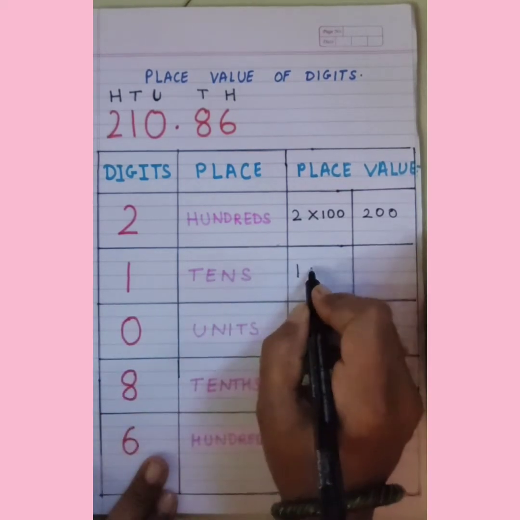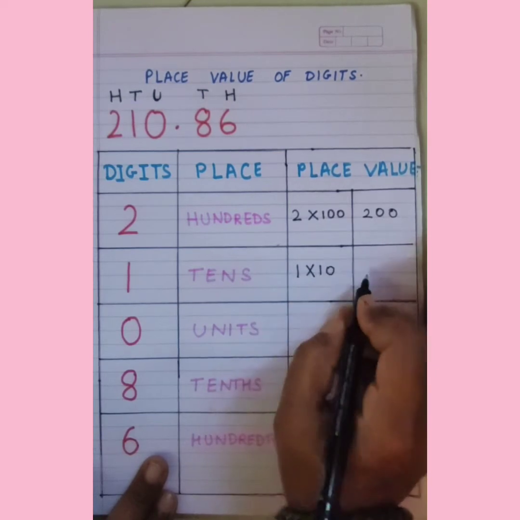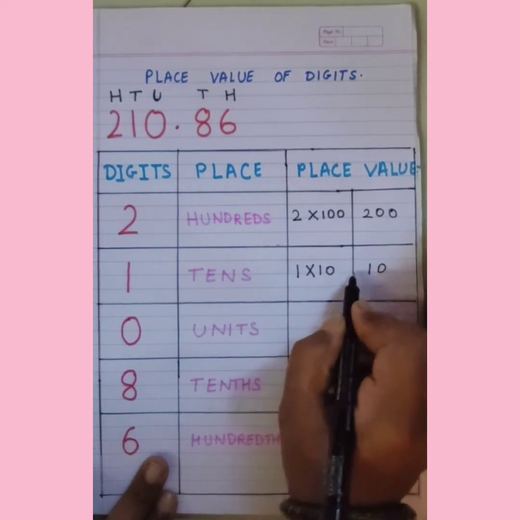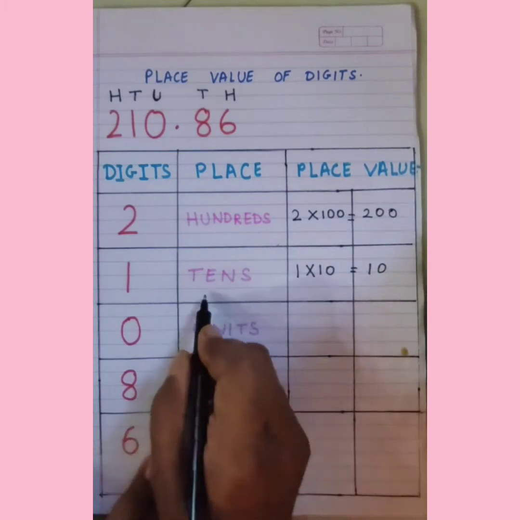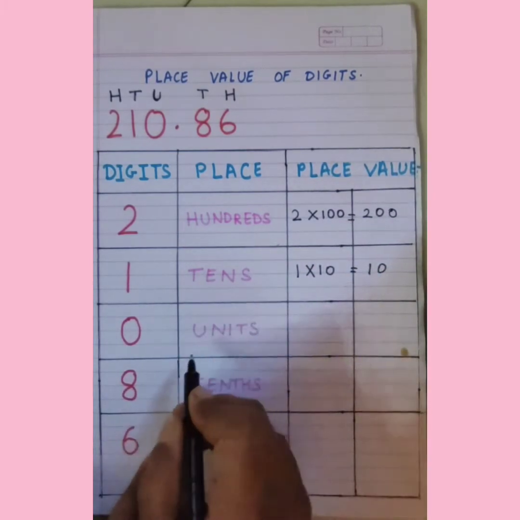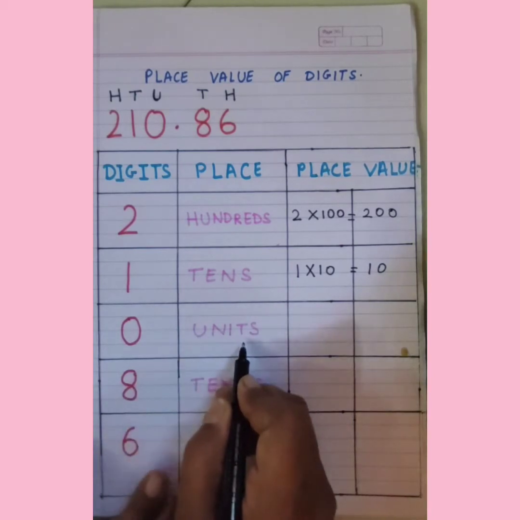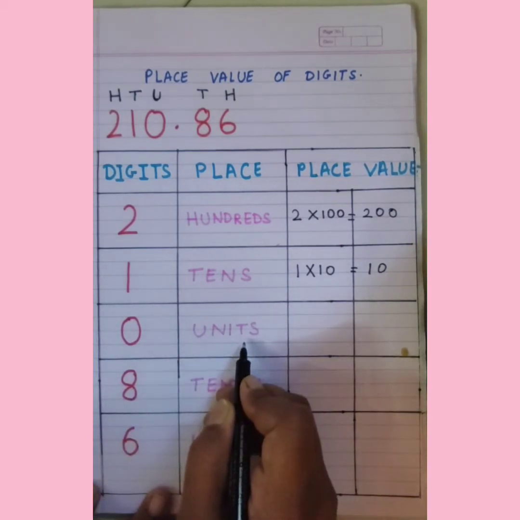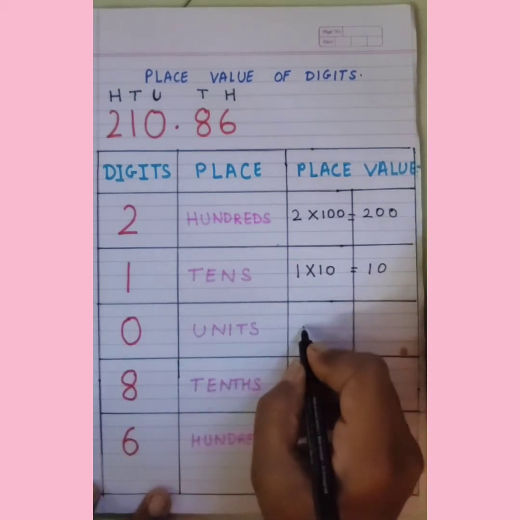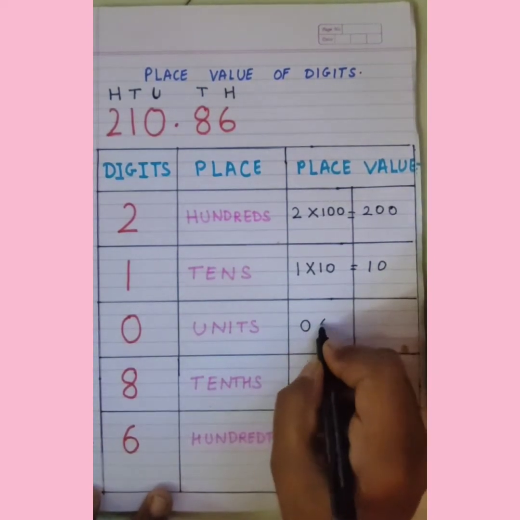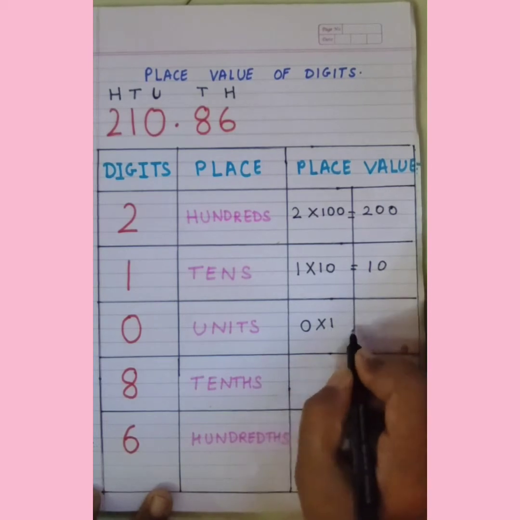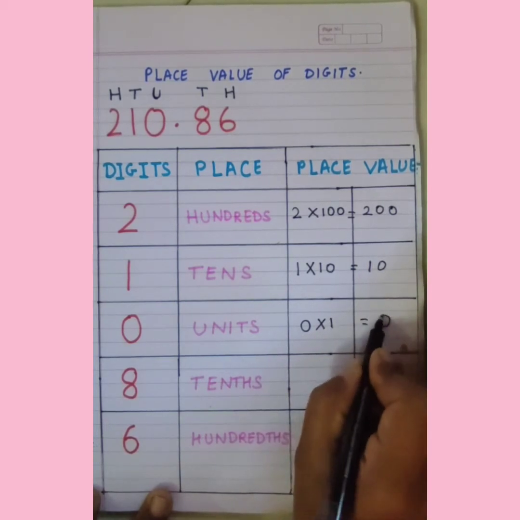That means 1 multiplied by 10 will give me 10. That is why we are writing tens. Now 0 is in units place. So 0 multiplied by 1 is equal to 0.